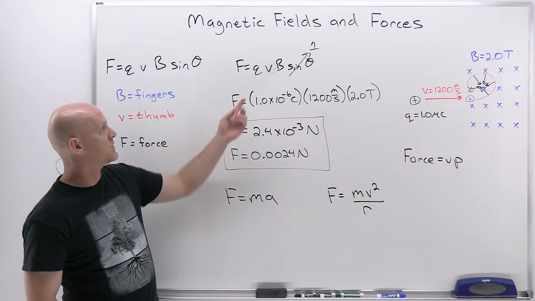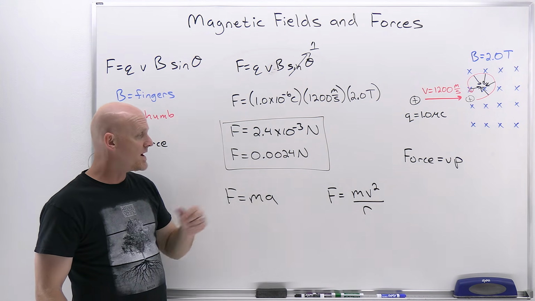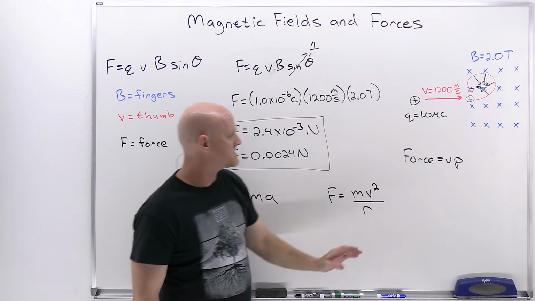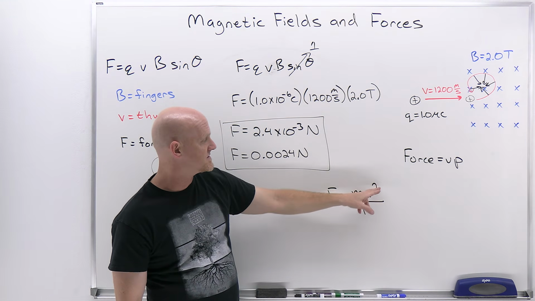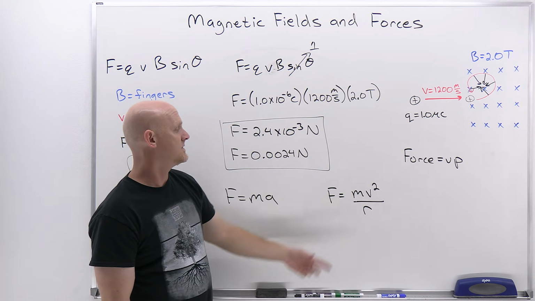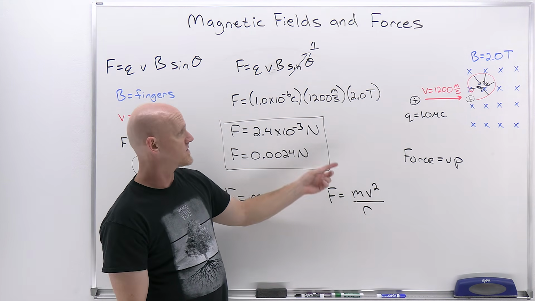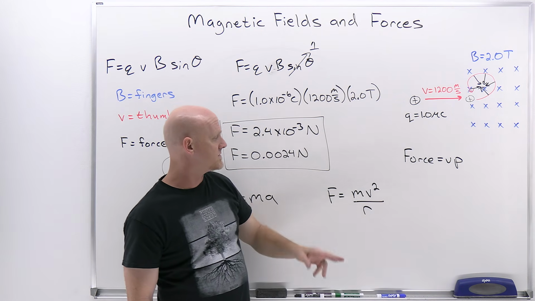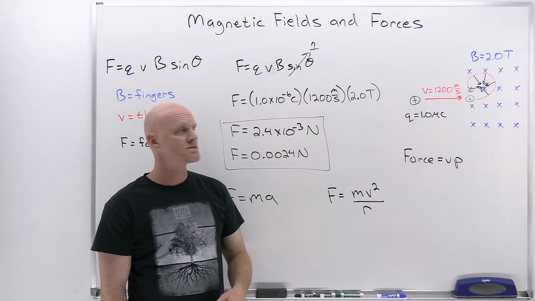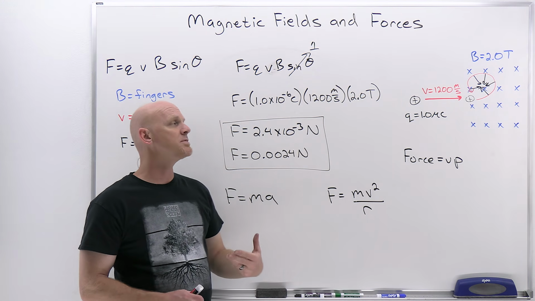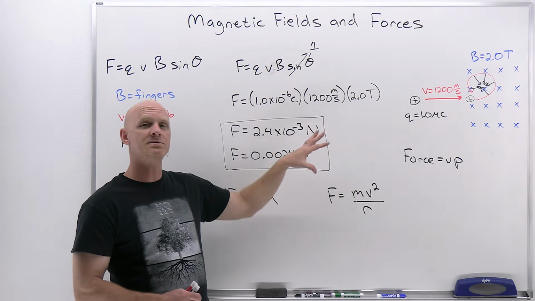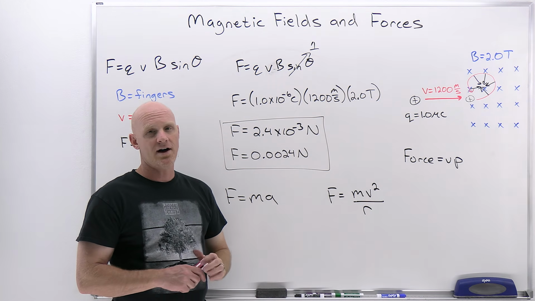And so in this first example, we'd be setting qvB sine theta equal to ma. So in the second case, we'd be setting qvB sine theta equal to mv squared over r. And again, provided we were given the mass, and we were already provided with the magnitude of the velocity, we could solve for the radius of that circular motion as well. So just a couple of examples of how this could be taken a step further in a calculation.